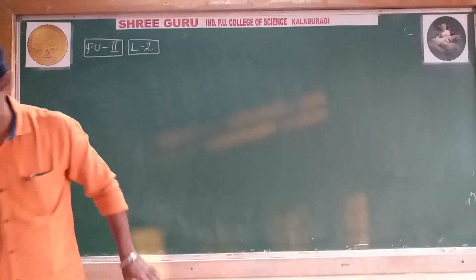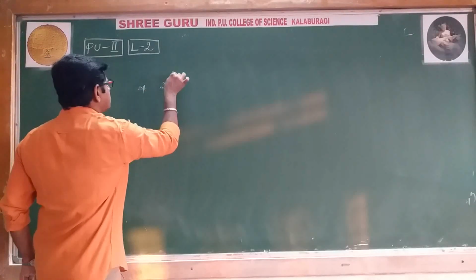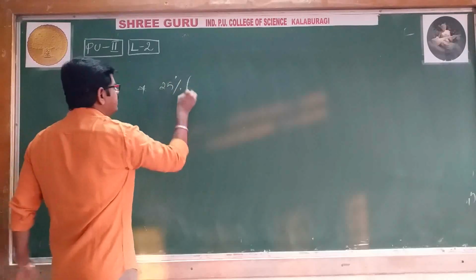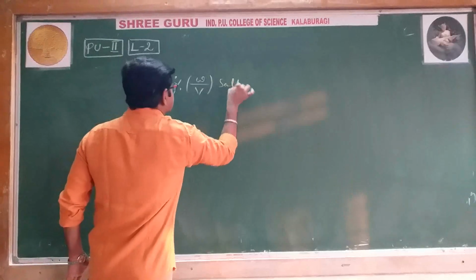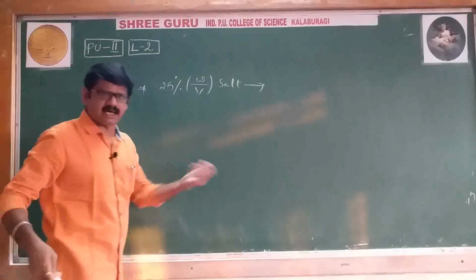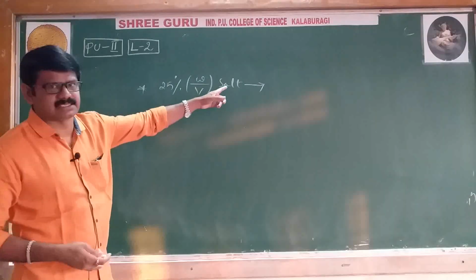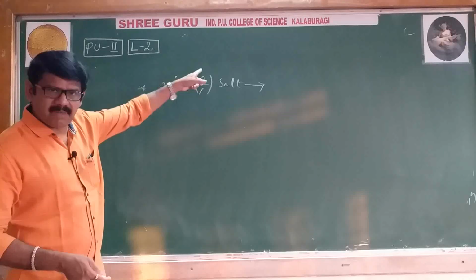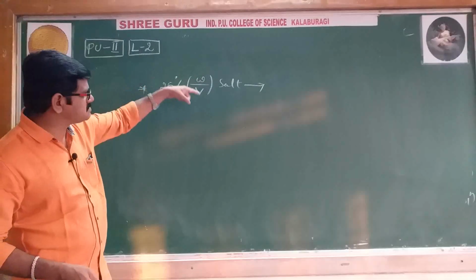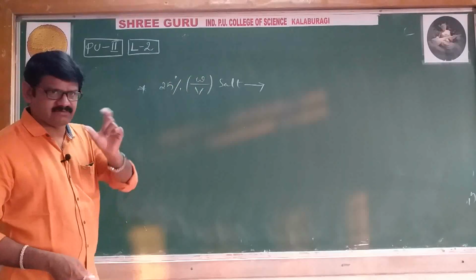Generally, one note or one statement is given: 25% W by V salt. What is its meaning? W by V, mass by volume percentage, is given. What is the meaning of this value?